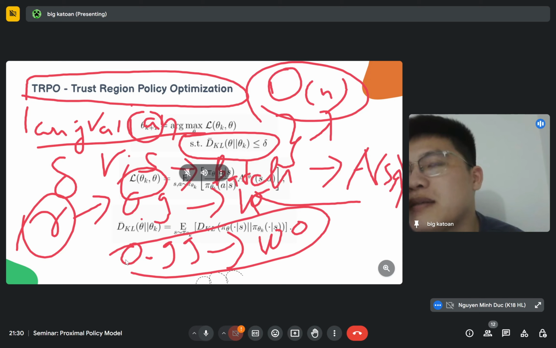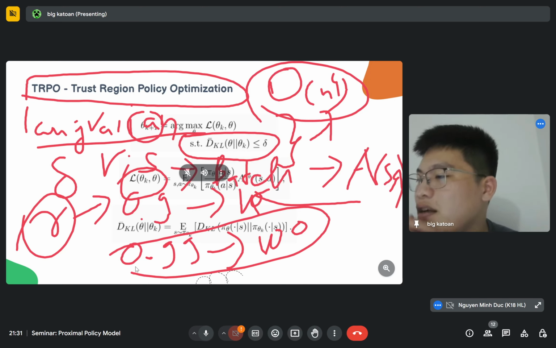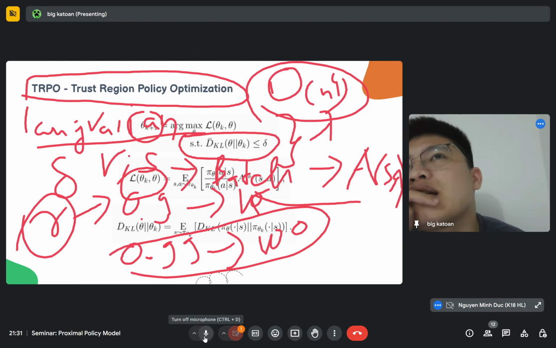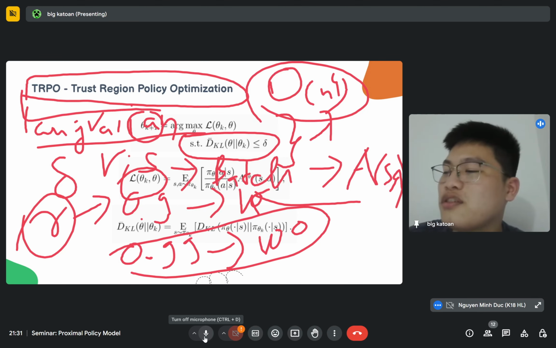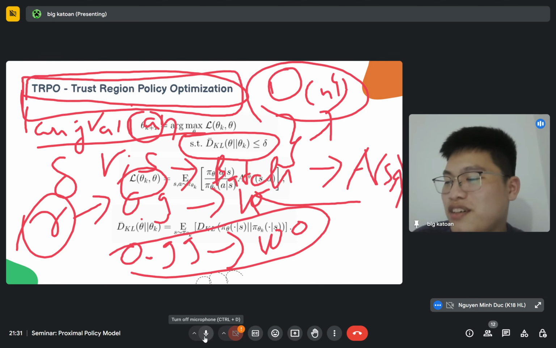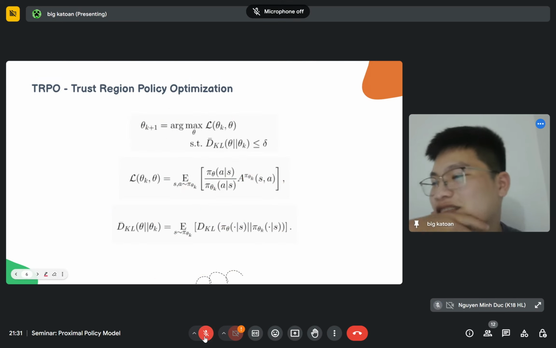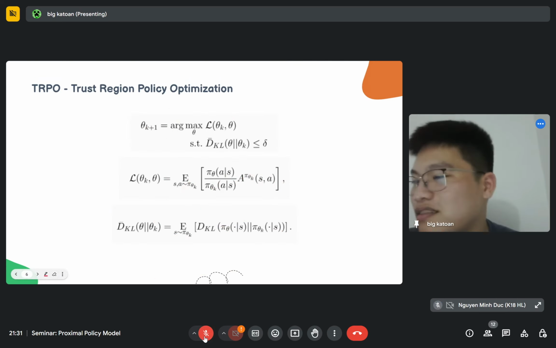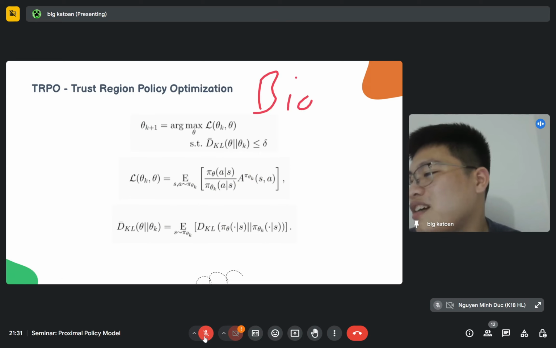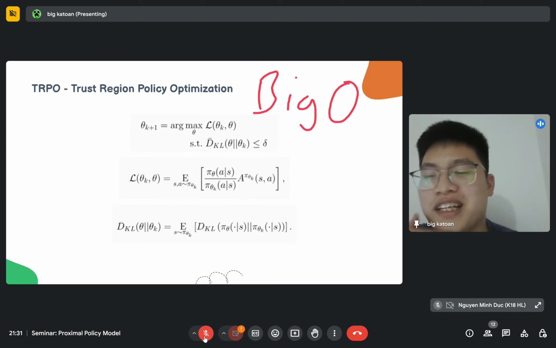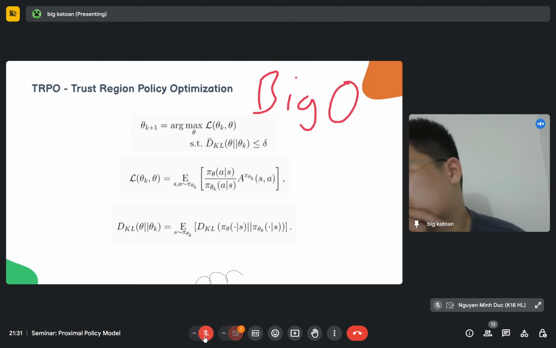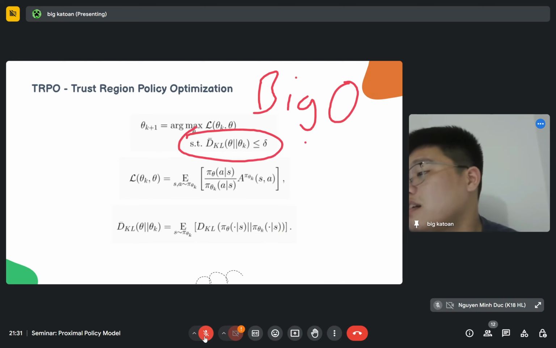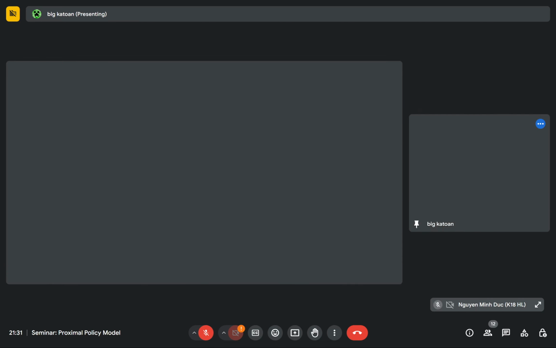When solving the duality problem, it's about n to the fourth. So this part is actually very hard to compute because the O is very big. This part is about O of n to the fourth.